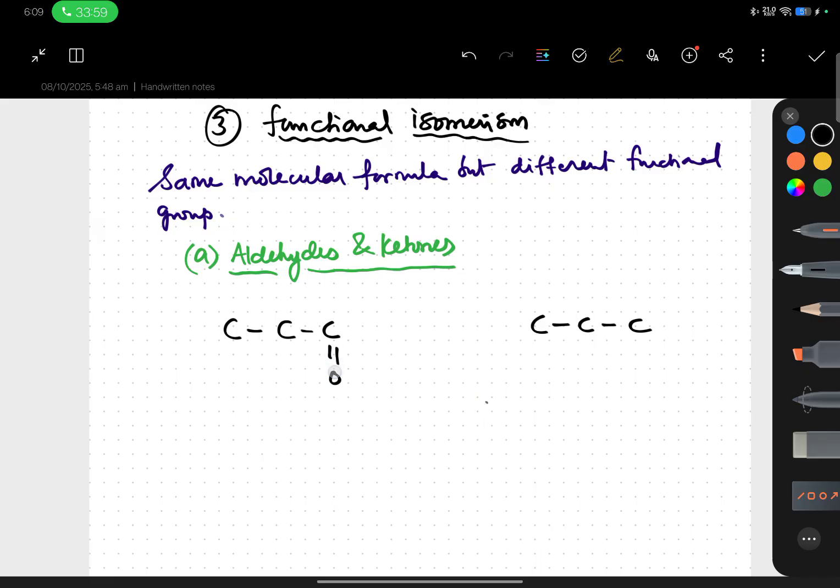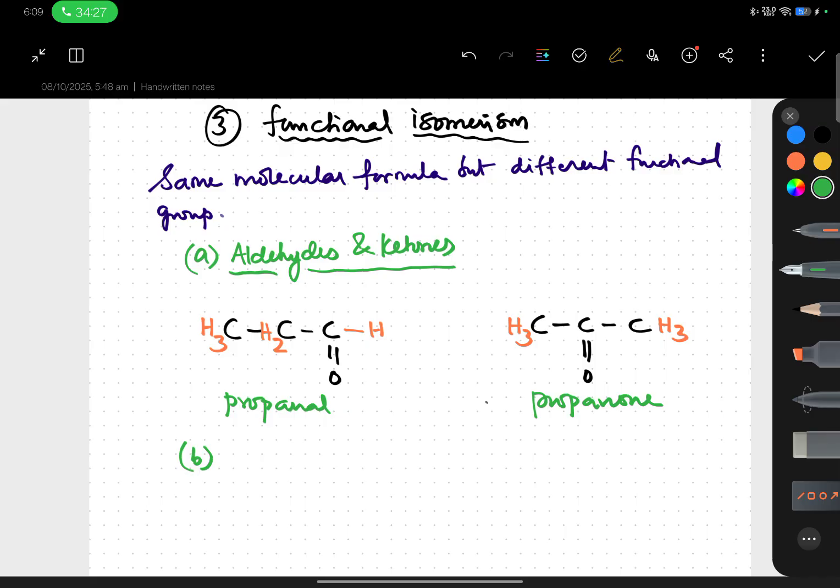So you put double bond O here or double bond O here and balance the remaining with hydrogen. So you'll get CH3, CH2, CHO, and CH3, CO, CH3. This is called propanal. This is called propanone.